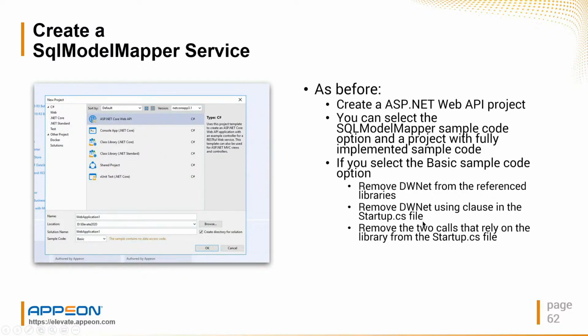So you need to remove those. I mean, you don't have to, but they're not going to be used, so you can go ahead and remove them. The other option is to specifically call out the SQLModelMapper in the sample code, and then just delete the classes or modify them to implement what you want to do.